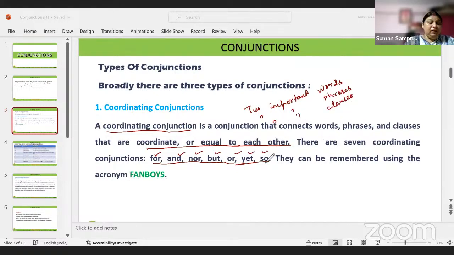And remember, like you said, independent clauses. So we normally connect two independent clauses also, if we talk about the structural part of it.